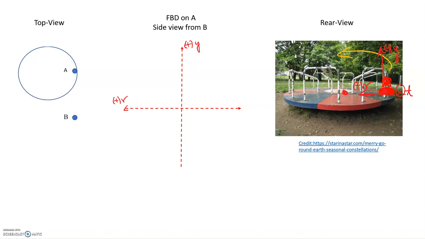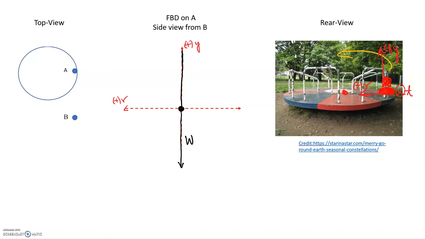And we can draw our forces now. So we know we have a weight force downwards in the negative y direction. We know we have a normal force acting on the girl from the merry-go-round, and she's not moving up and down, so we know the magnitude of the normal force had better be the same as the weight force.